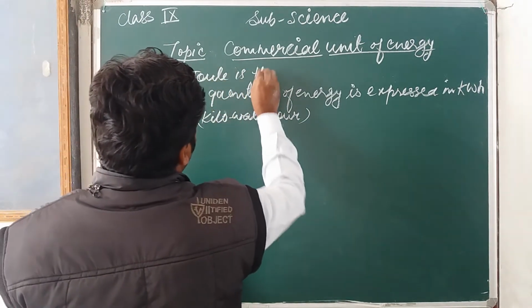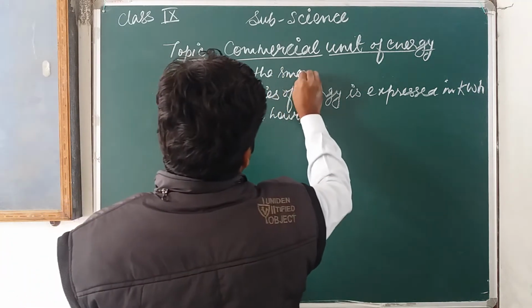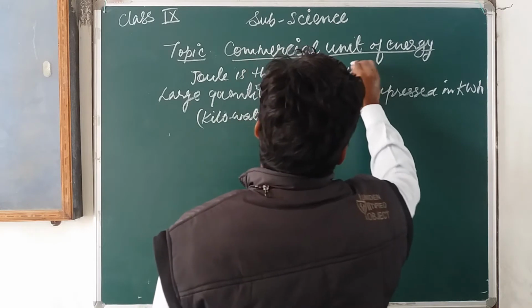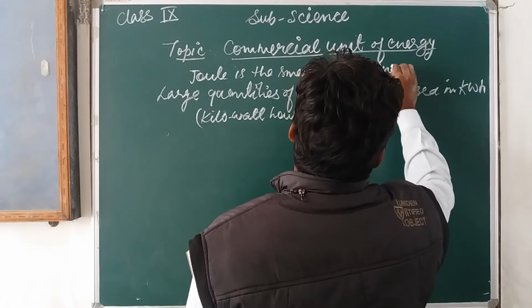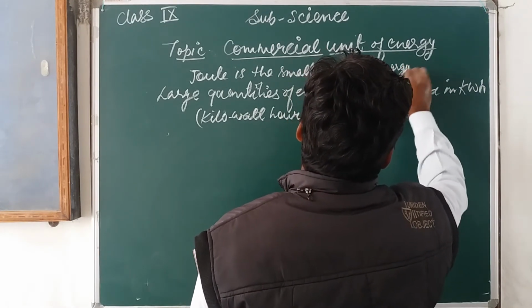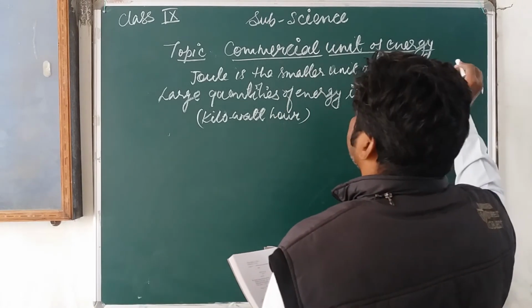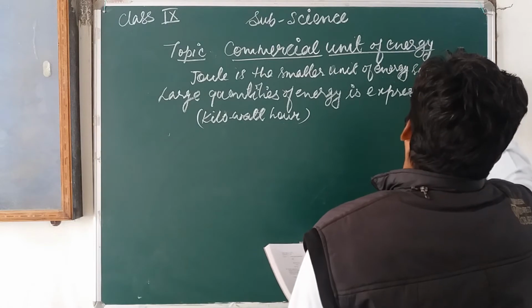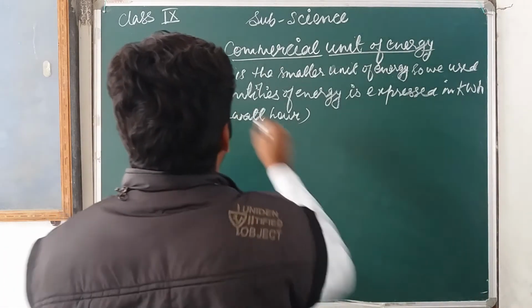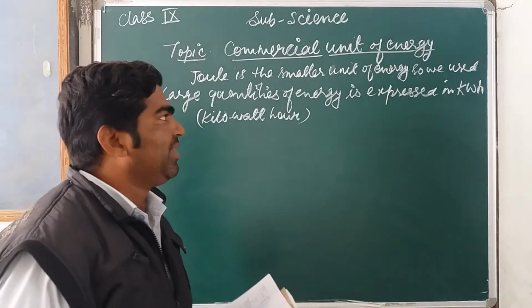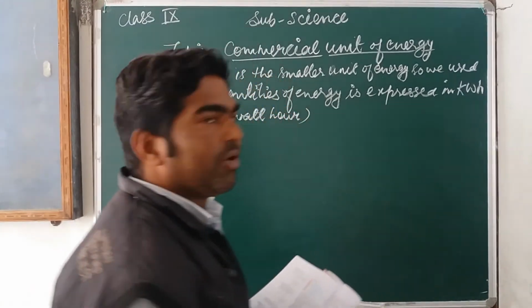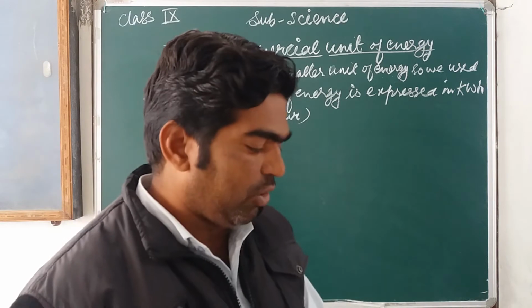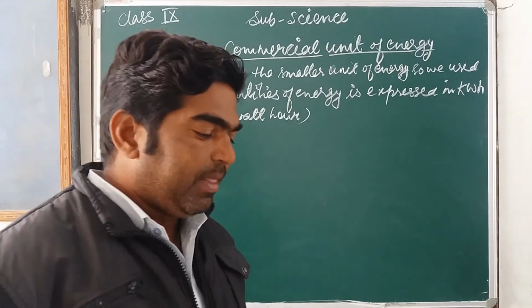Joule is the smaller unit of energy. We use large quantities of energy, expressed in kilowatt hour, that is kWh, 1 kilowatt hour.